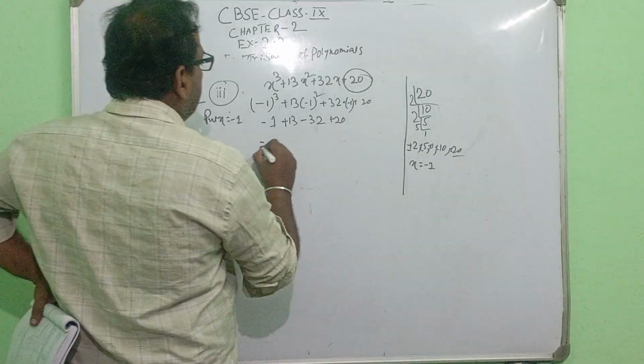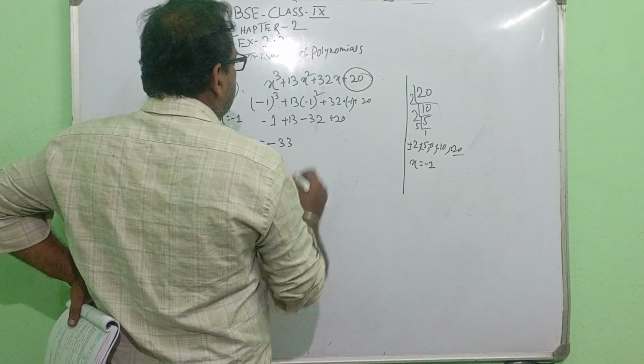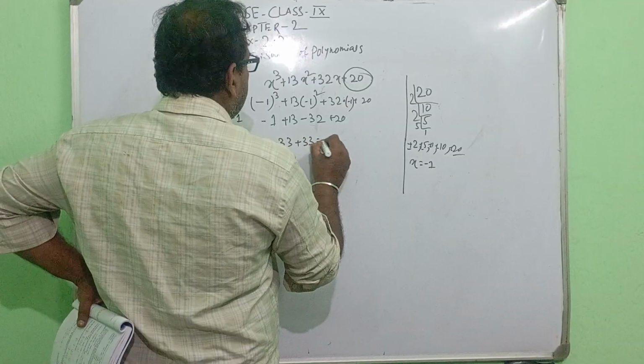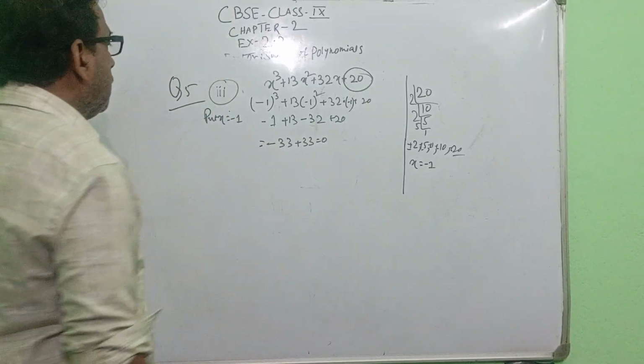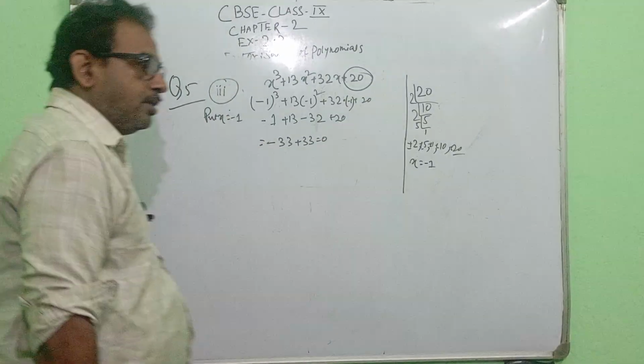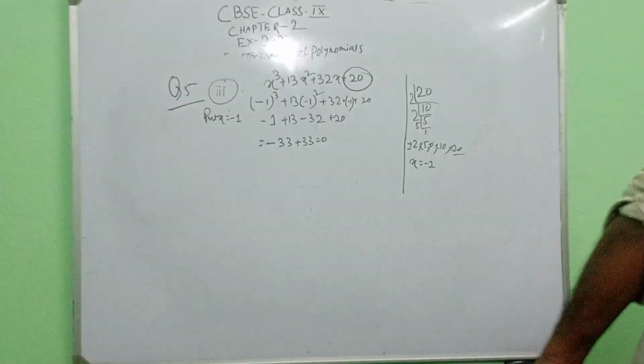So it has happened minus 33 plus 33. So x plus 1 is one of the factors.